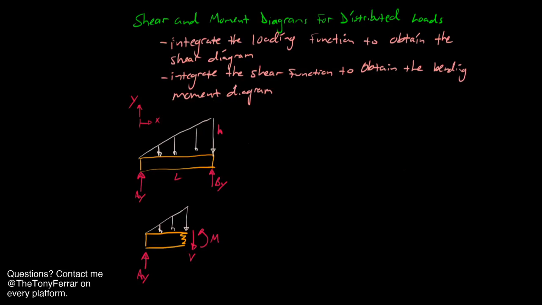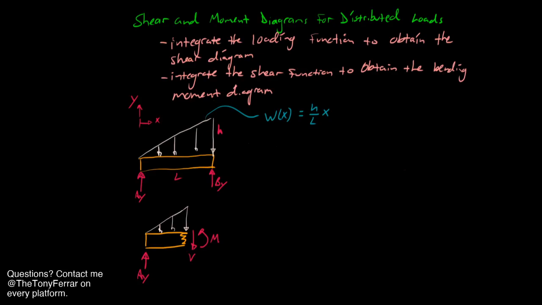Keep in mind that the equation for this line, since it's linear and it's going up from left to right, would be equal to the slope, which is h over L, times the position x. And when it comes to these problems, the hardest part is figuring out what the equation of the line is, because you could imagine if it was sloping down, it would need some y-intercept or some vertical offset. If this were a curve, it could be even trickier. The tricky part is writing out these functions.